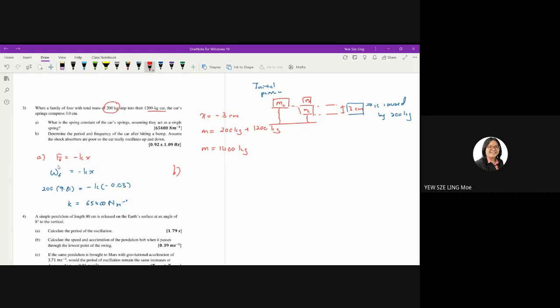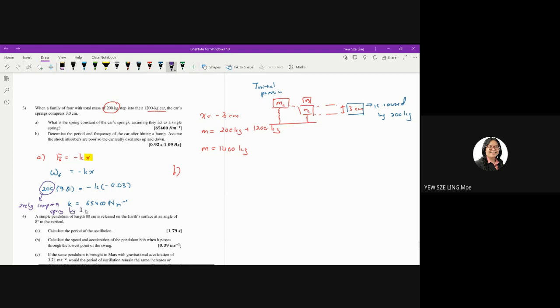In question A, because we are looking at x equals 3 cm, and this 3 cm is caused by just the family, we use the mass of the family. We use just 200 kg because this is the mass that caused the compression.